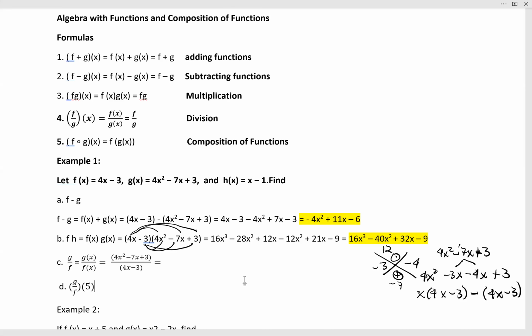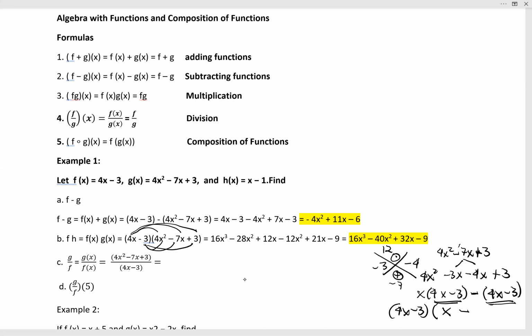Okay, so look globally, right? Look globally. You see that there are two terms with a common factor of 4x minus 3. So I'm going to factor 4x minus 3 out. That's going to leave only x for the first term, minus.